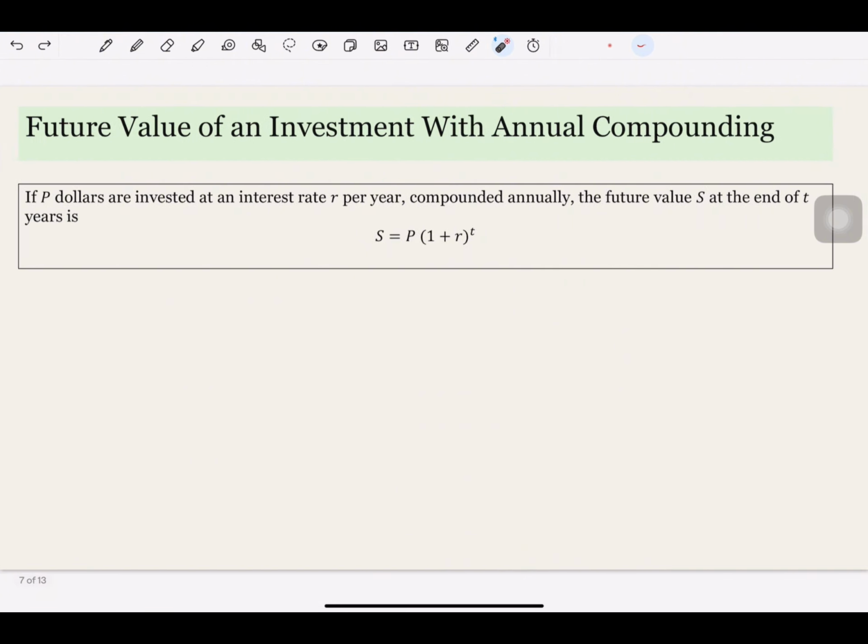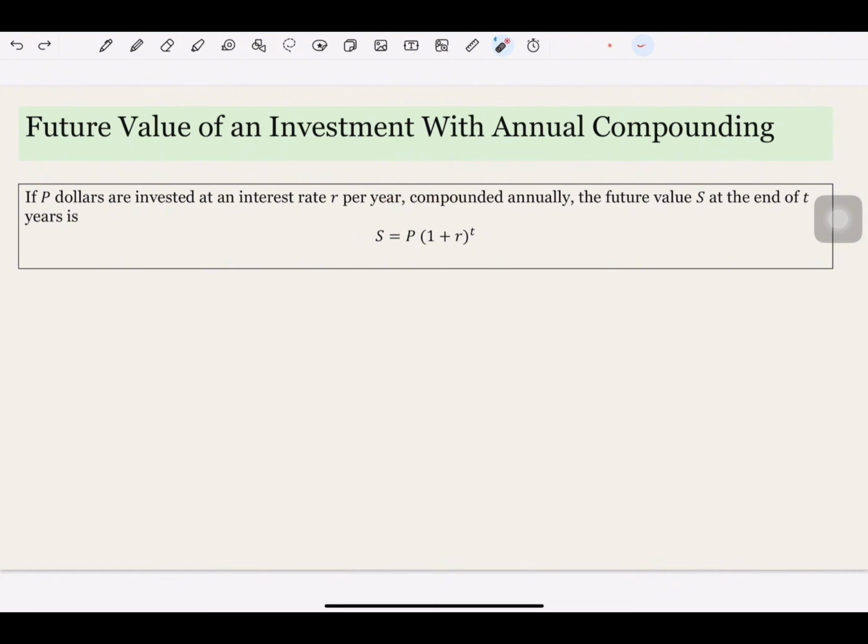Okay, so now let's talk about future value of an investment with annual compounding. When an amount of P dollars is invested at an annual interest rate R, compounded once per year, then the future value S of the investment after T years is given by this formula.